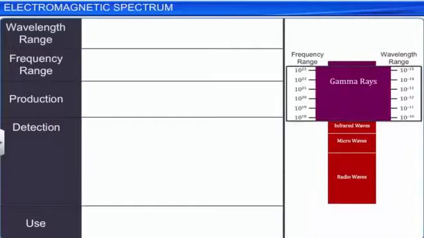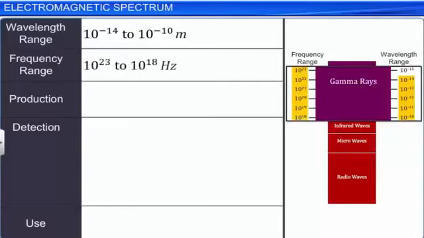In the electromagnetic spectrum, gamma rays have wavelength in the range of 10⁻¹⁴ meter to 10⁻¹⁰ meter. Frequency range of gamma rays is from 10²³ Hz to 10¹⁸ Hz, which lies in the upper frequency range of the electromagnetic spectrum.